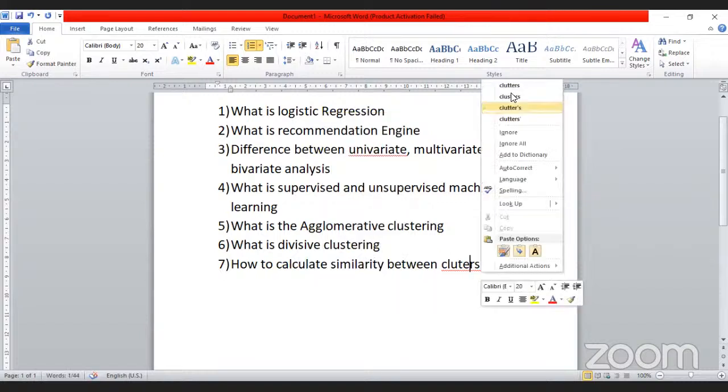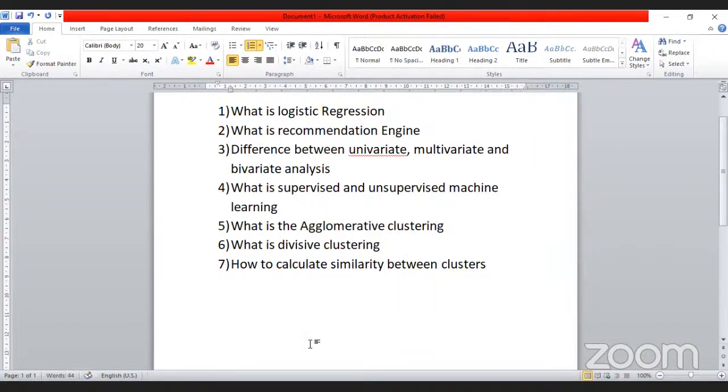We will calculate similarity between clusters on the basis of Euclidean distance. It will calculate the Euclidean distance between each data point, and it will see how much similarity there is between those clusters. That means the distance from one data point to another data point, and on the basis of that, it will join them. So what is the formula for that?